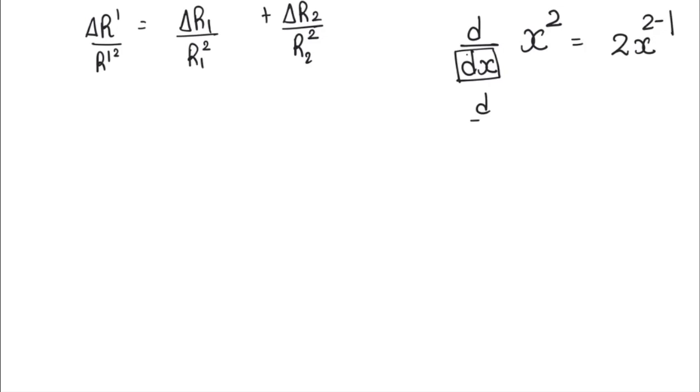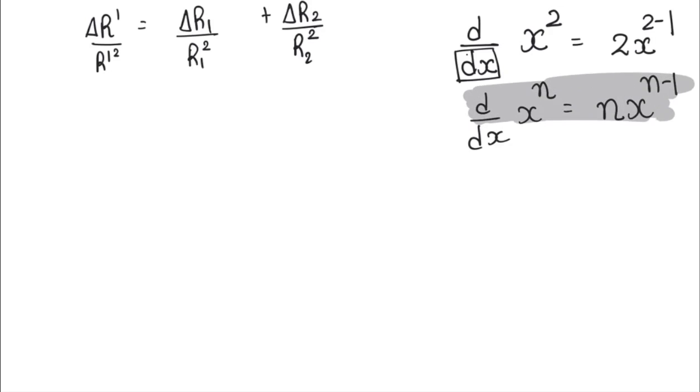So in general we can say that for d by dx of x raised to n, we will have n x raised to n minus 1. This is the basic formula which I am going to use while deriving the given equation.